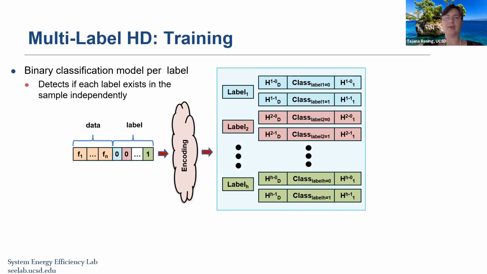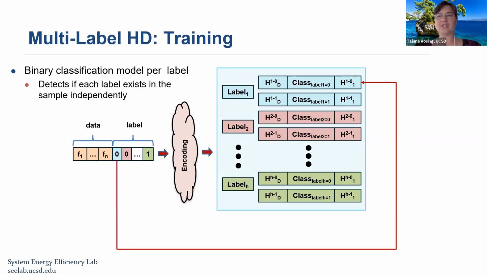So with multi-label applied to hyperdimensional computing, we use a binary classification model per label. This allows us to still detect if each label exists, but we use a little bit more sophisticated encoding directly into the hypervectors.